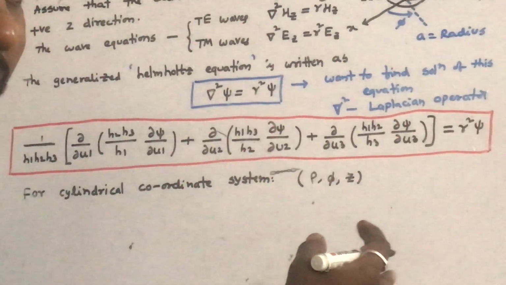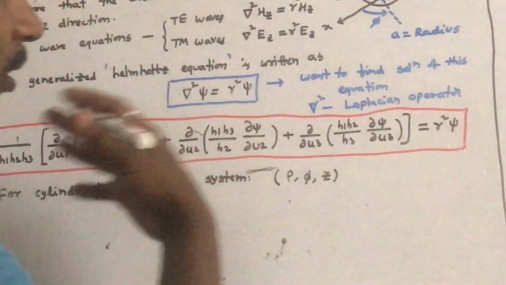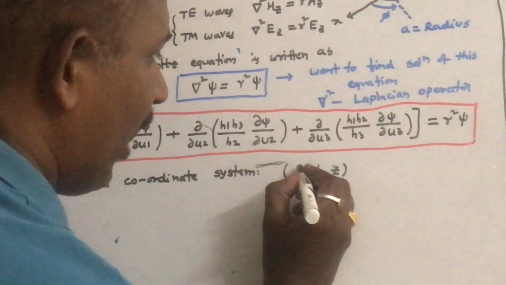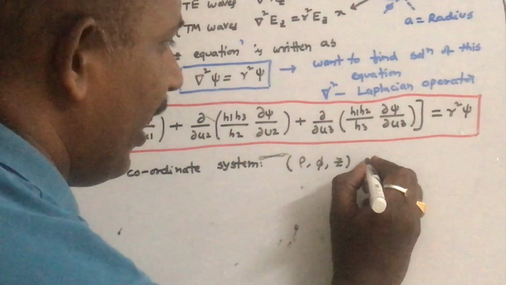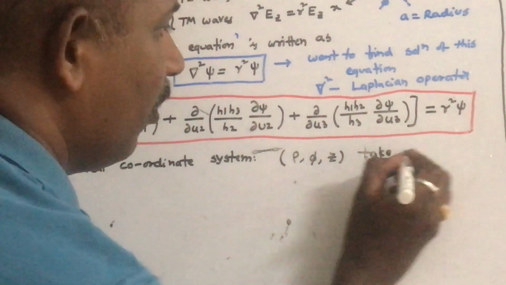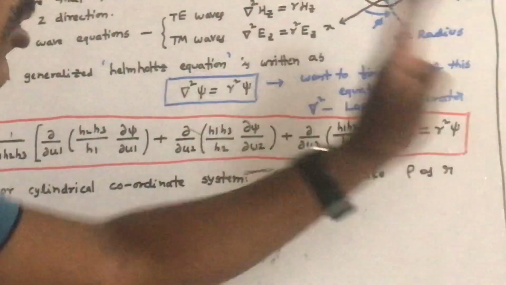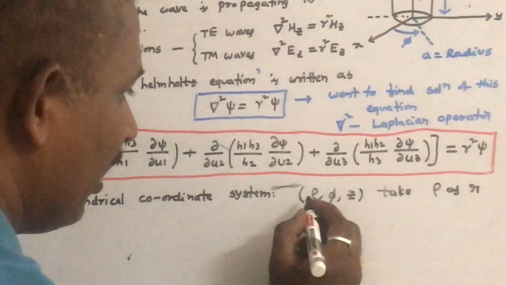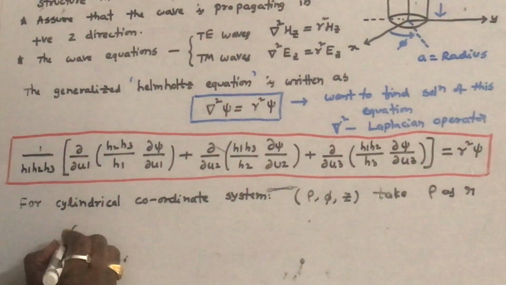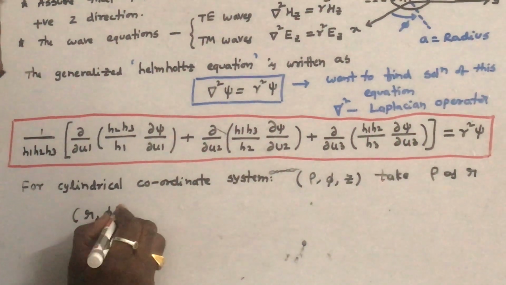Because we are not using any spherical coordinate system throughout the syllabus, I take rho as r. So therefore I take this as r, phi, z.